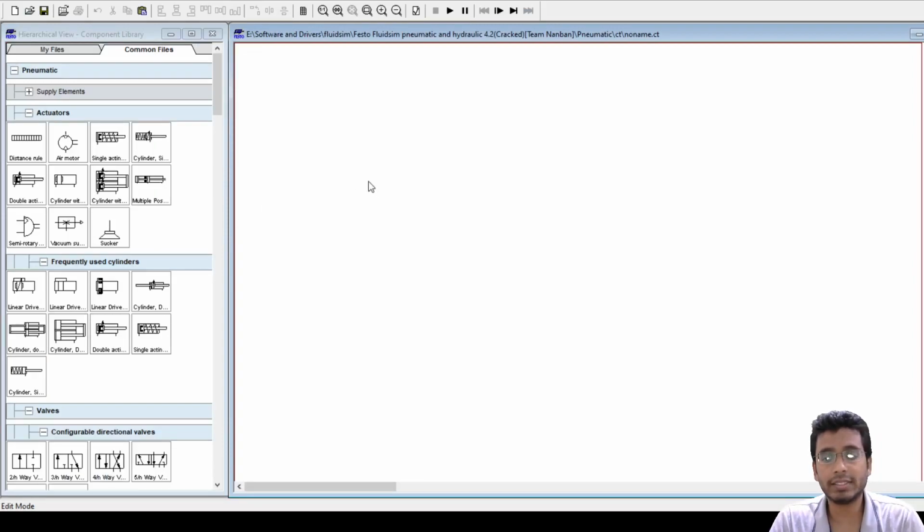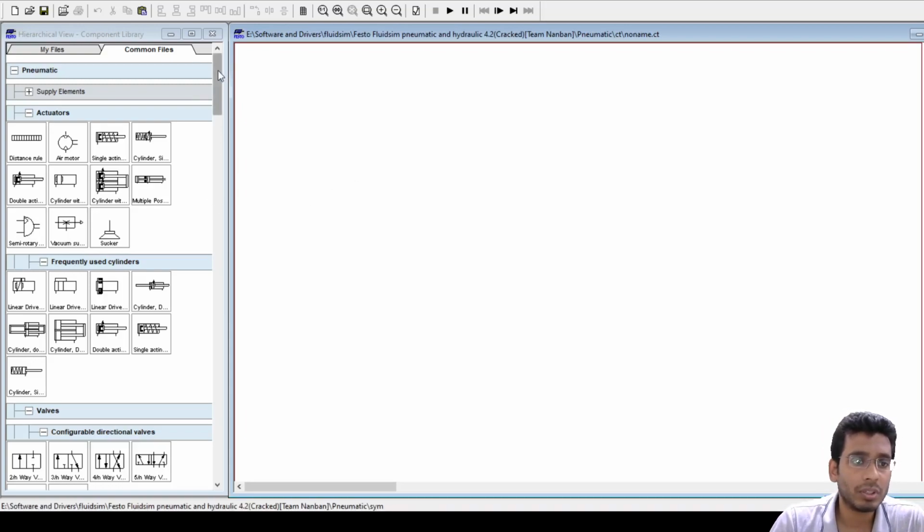Fine. So let us start with the problem on automatic reciprocating of a double acting cylinder with the help of our proximity sensors. Fine.